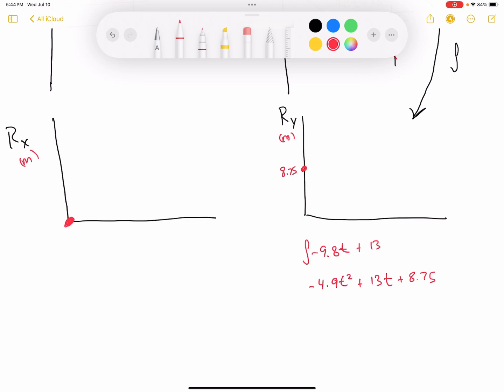Okay, so now we have this function, and we can just sort of do something like that. And where it hits, right here, that time, because the x-axis is time, and the y-axis is our position in y.